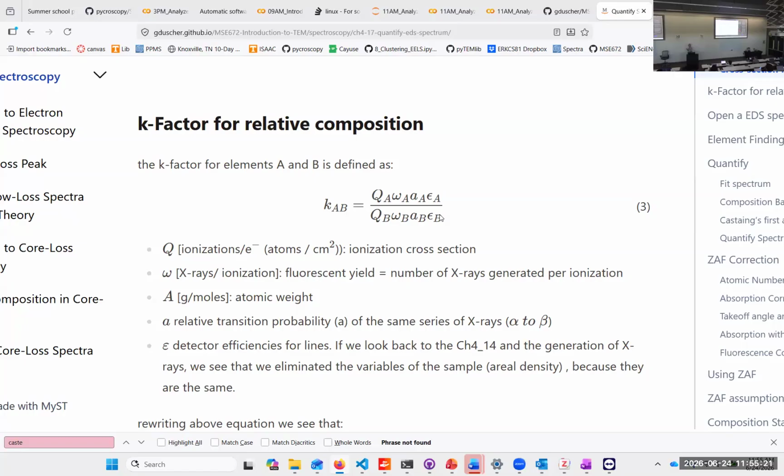So the best calibration is always for EDS, because there are so many different pathways. This atom can relax and send out a photon from that. The best one is always using calibration samples for standard.